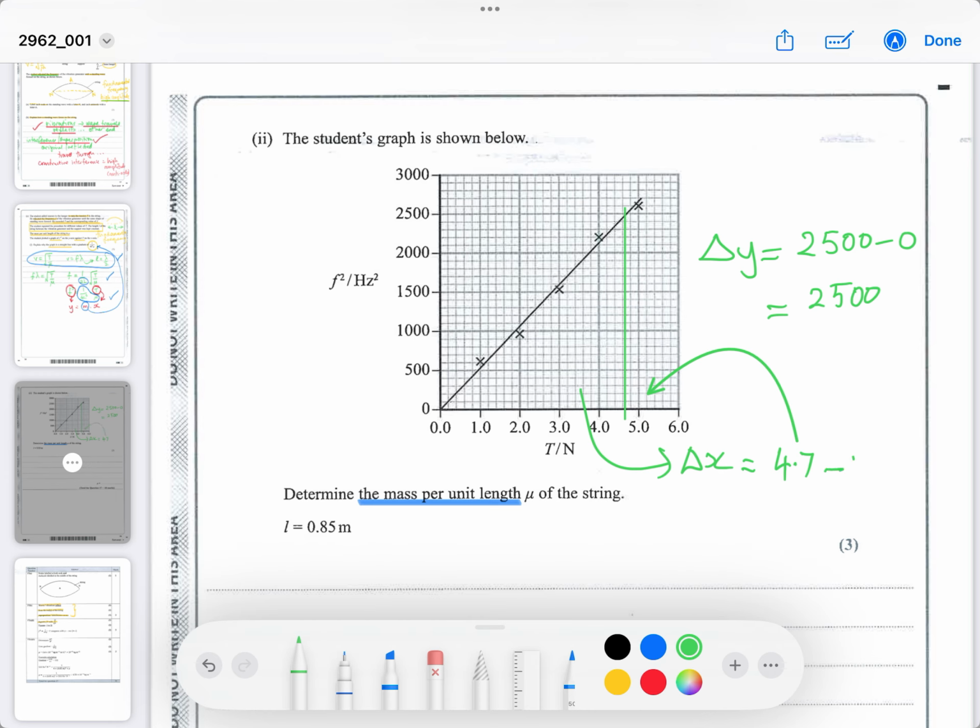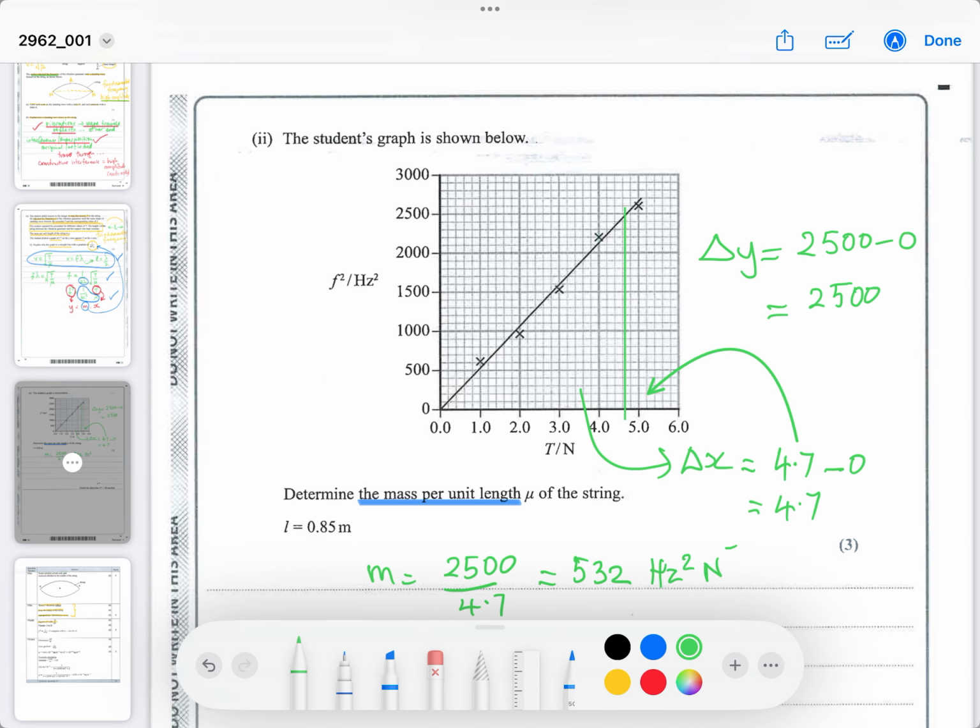Again, it goes through the origin, so minus 0, so it's equal to 4.7. That allows you to work out that m is 2,500 divided by 4.7, and whatever number that comes up to is 532. There's your gradient. You could put frequency hertz squared newtons to the -1 if you want to.